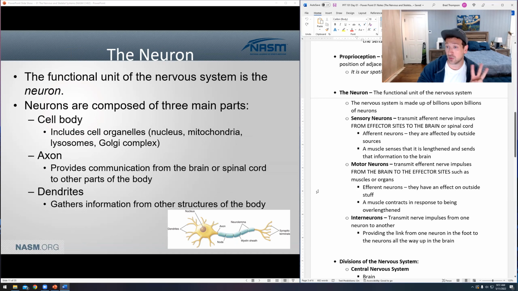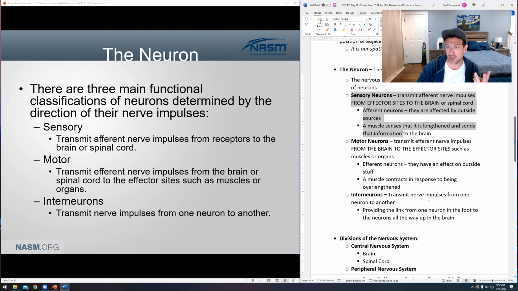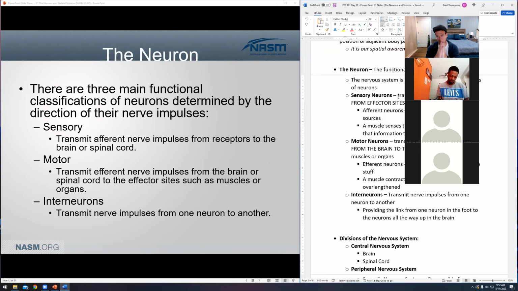And there are going to be three main categories of neurons here. You're going to have sensory neurons. They're responsible for the sensory function we talked about earlier. So sensory neurons are the neurons that are traveling towards the brain. Their job is to sense something over there and get the information over to the brain. So we call that, oh, and by the way, I want to apologize on behalf of science teachers everywhere.